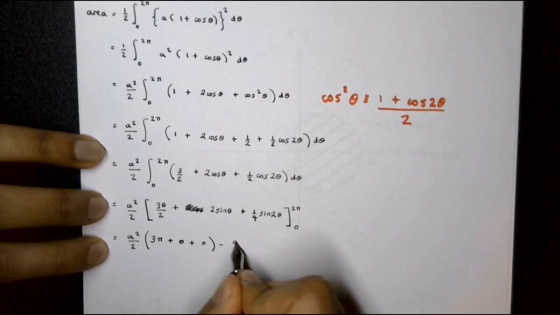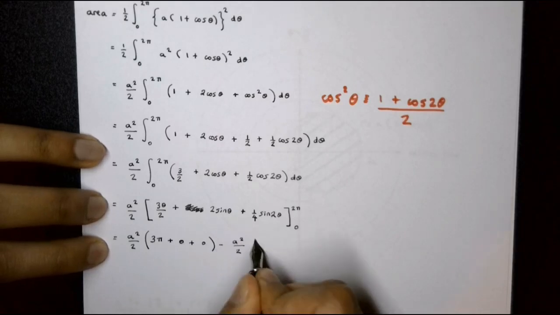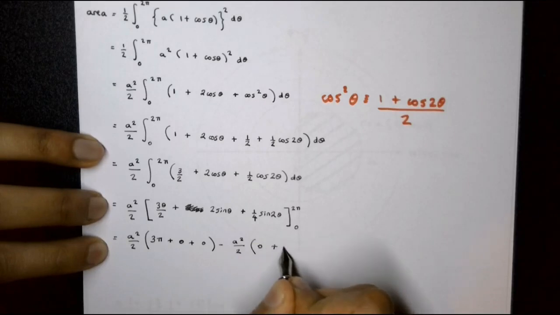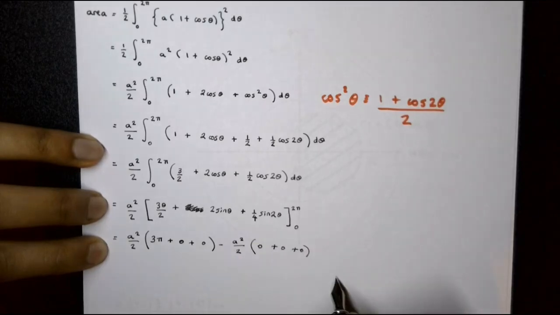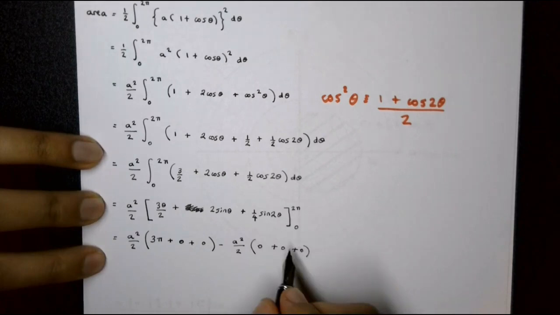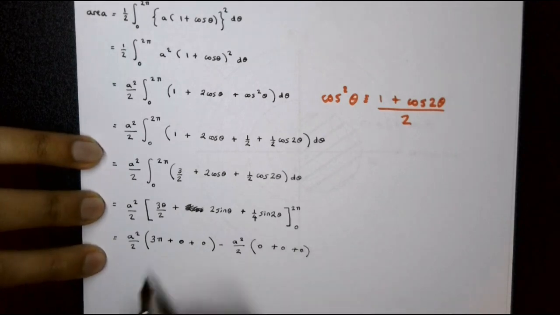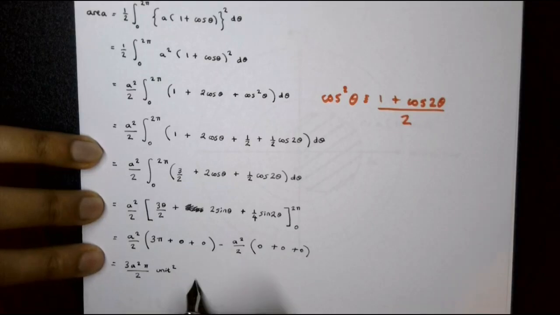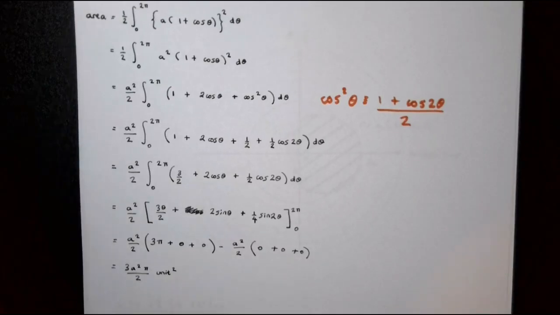And for our lower limit, we get a squared over 2 lots of 0 plus 0 plus another 0. So if we tidy all this up, hopefully you can see that the area is equal to 3a squared pi over 2 units squared. Okay.